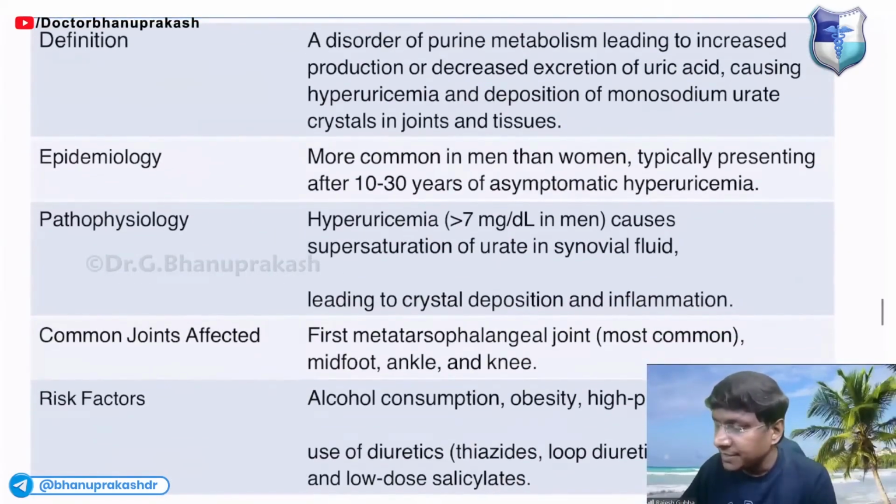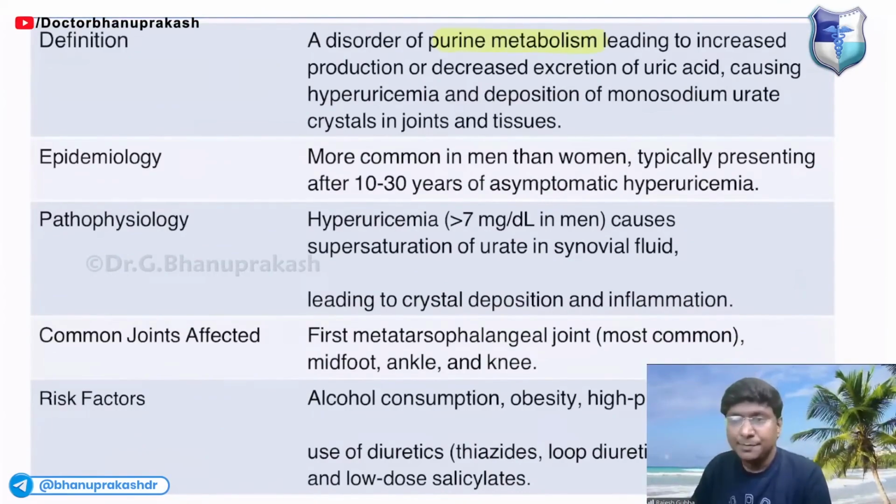Let us start with a quick discussion related to gout. Gout is a disorder of purine metabolism, and that will lead to increased production of uric acid or decreased excretion of uric acid.